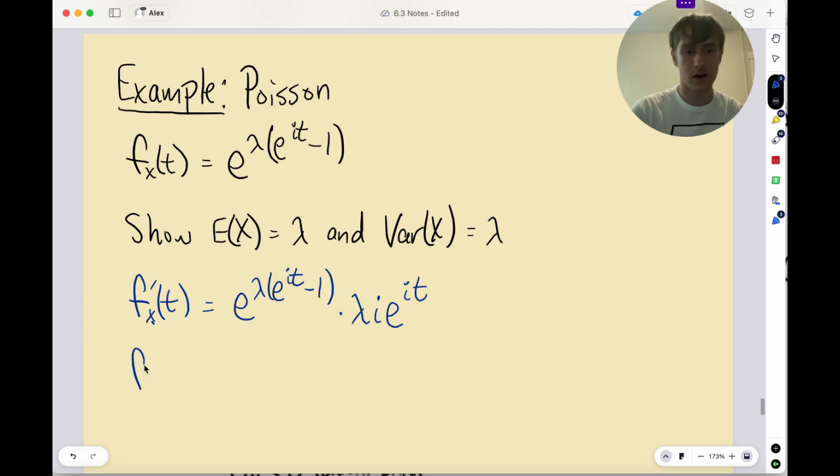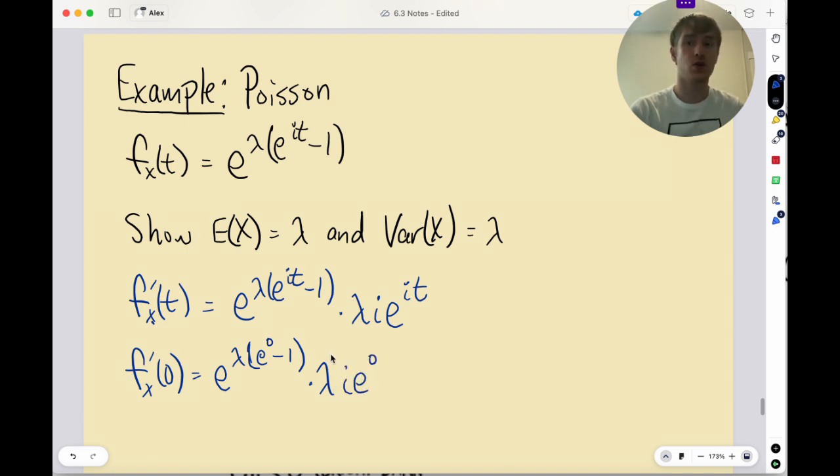Okay, so f x prime evaluated at 0 would just get us e to the lambda times (e to the i times 0, that's e to the 0, minus 1) times lambda times i, e to the 0.